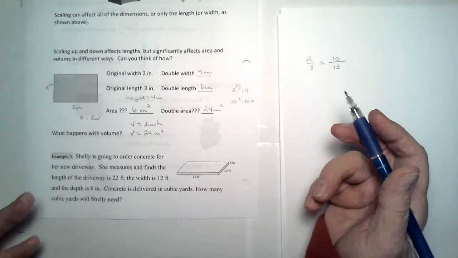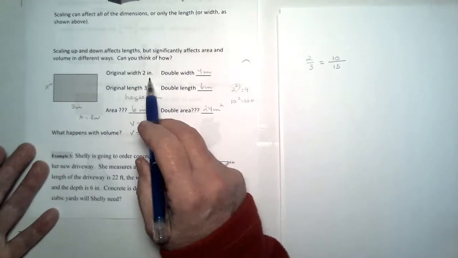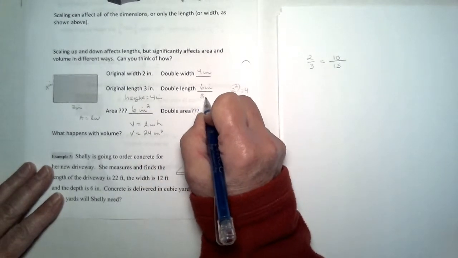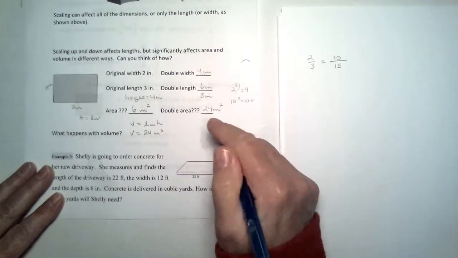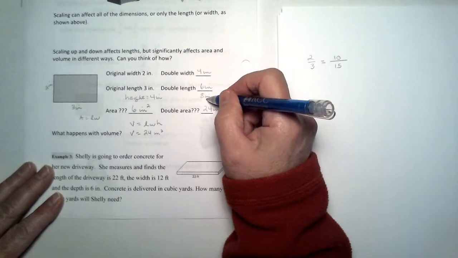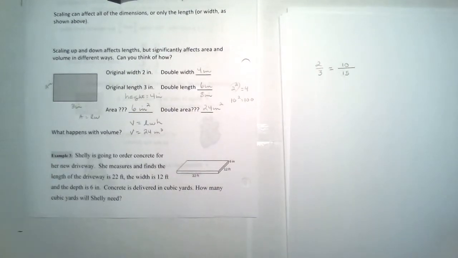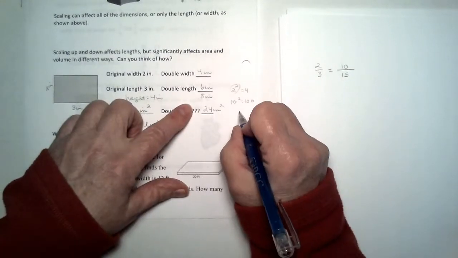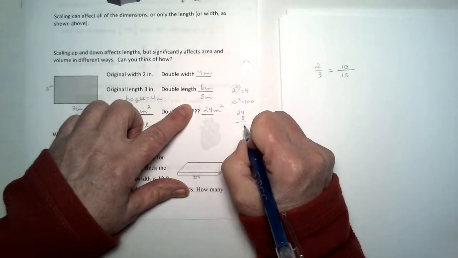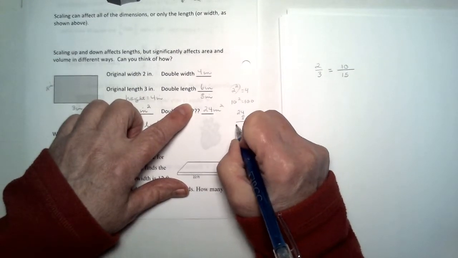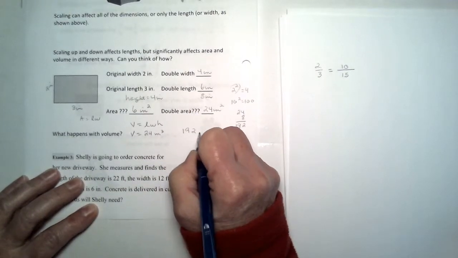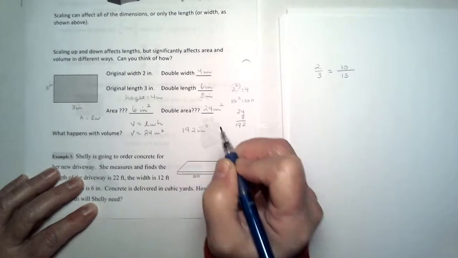Now, let's see what happens when not only do I double the width and the length, but I also double the height. So now I have 8 inches for my height over here. So now it's 4 times 6 times 8. Well, let's see. 4 times 6 is 24, and times 8, that's 32. Carry your 3, 192. 192 cubic inches.